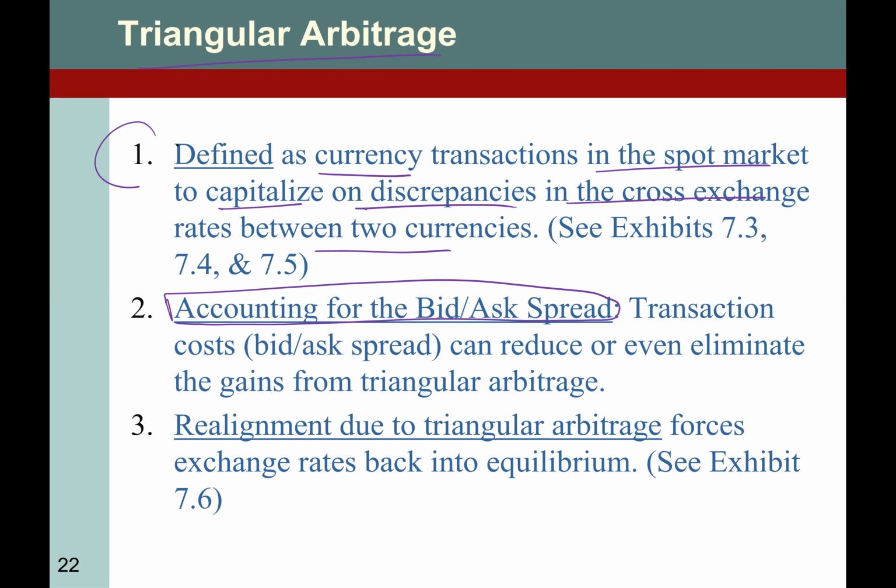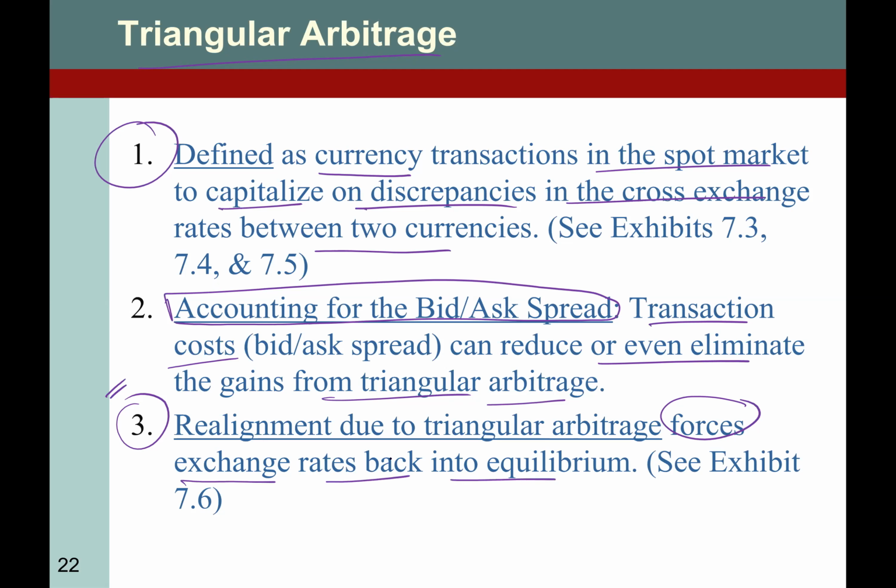While doing triangular arbitrage, do consider the transaction cost, because transaction cost can reduce or even eliminate the gains. Arbitrage opportunities appear for a very short period of time, and they act like forces that push the market to equilibrium.